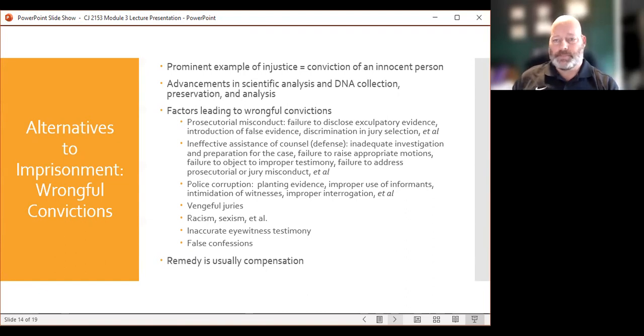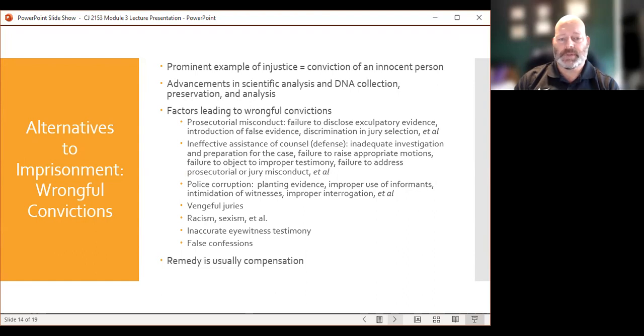On the flip side to prosecutorial misconduct is ineffective defense counsel, which leads to wrongful convictions. You may have inadequate investigation and preparation for the case on the part of the defense. They may fail to raise appropriate motions and objections during the trial process.